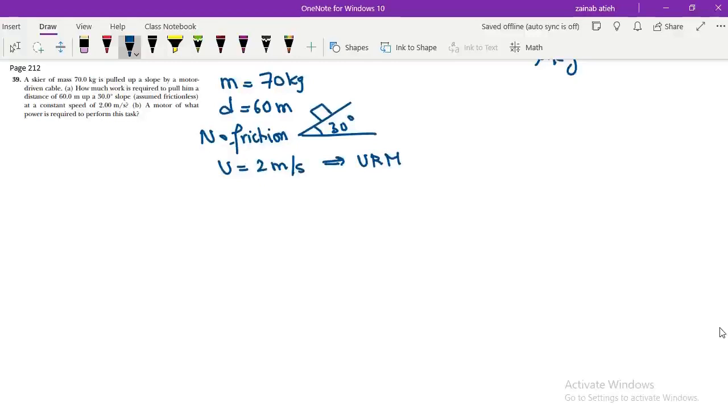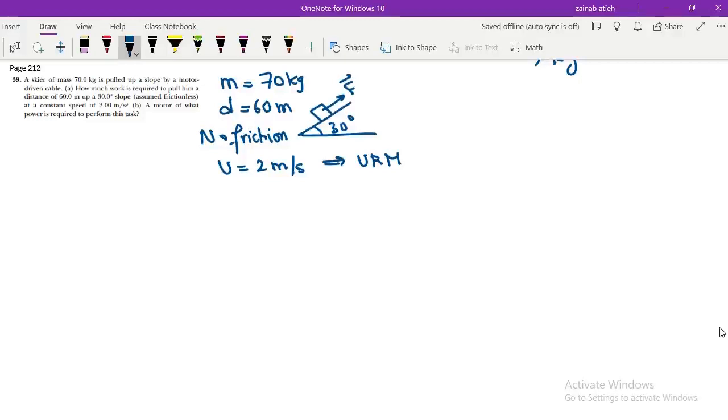What do we have to find in the first part? We have to find the work required to pull this skier this distance, the work done by the force pulling the skier upward, the motor or anything that's pulling. To find the work of this force, there are several methods.